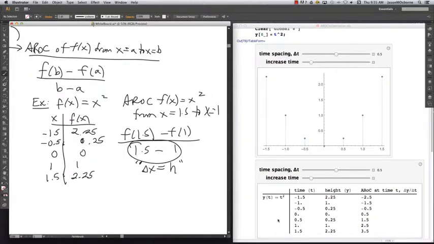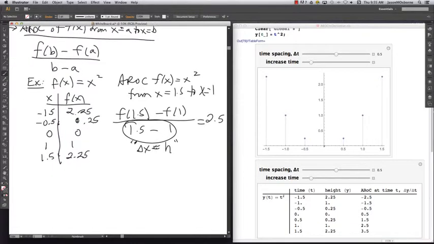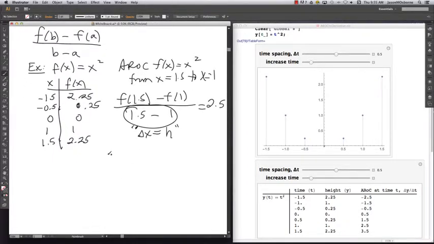When you compute this number, the average rate of change from 1 to 1.5, it should come out to be 2.5. It should be this number in the table right here, from 1 to 1.5. Now please keep in mind what we have just done in that problem.